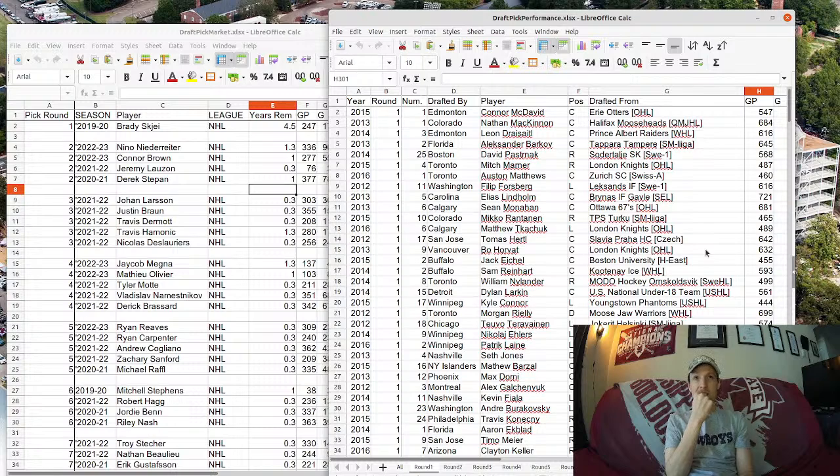Or do we take, so another thing I was considering is multiplying the likelihood of making the NHL by the average career performance, which then gives you maybe a greater or more accurate representation of the value of the player.